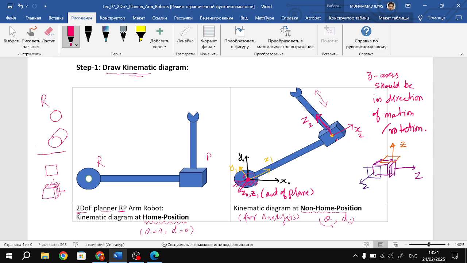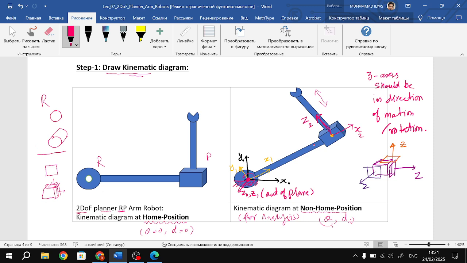Then how do we determine the y-axis? Right hand rule. We determine the direction of the y-axis through the right hand rule. So, what is the right hand rule? If this is your z-axis, this is your x-axis, then that will be your y-axis.